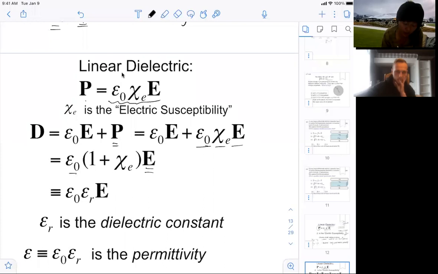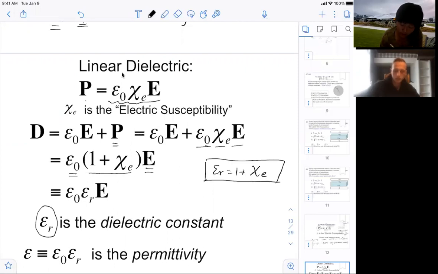It becomes epsilon naught times 1 plus chi E. Here, people also define a new constant called the relative dielectric constant, epsilon r, which is 1 plus chi E. There are a lot of constants, so it can be confusing. A lot of times we need to refer to our notation to see exactly what this constant is referring to.